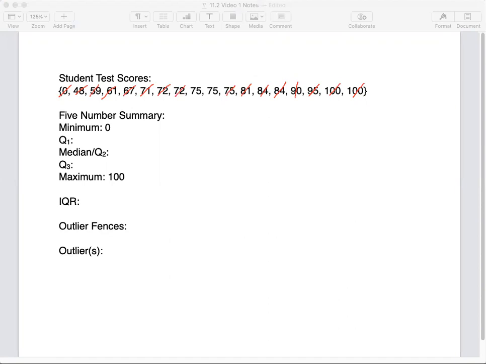So the last pair of numbers we're left with here in the middle is 75 and 75. Now, normally you would need to take the average of your two middle numbers when you end up with 2 in the middle. That happens in a data set with an even number of numbers. This data set has 18 data points in it. But conveniently, 75 and 75 are the same, so we can simply say our median is 75.